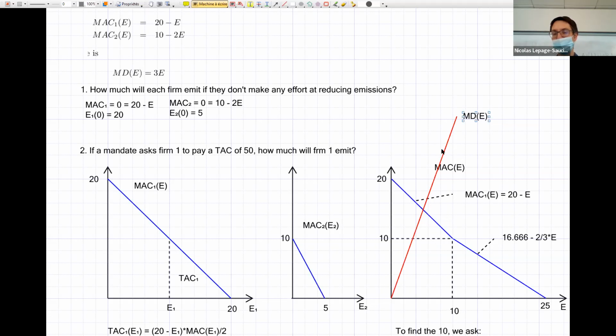Of course, you have to draw this well. Imagine you're bad at drawing and you want to know where you are. Here's the trick. Should you use this section of the curve to find MAC equal to MD, or this section of the curve? All you have to do is ask yourself: am I on this side of 10 or on that side of 10?